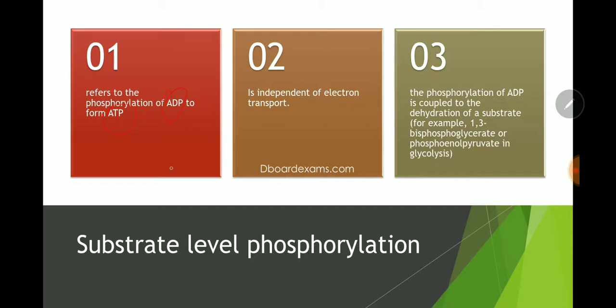So that is what substrate level phosphorylation means: you're adding a phosphate group to ADP to form ATP. And substrate level phosphorylation is independent of electron transport. You do not need electron transport to have it. Keep that in mind.